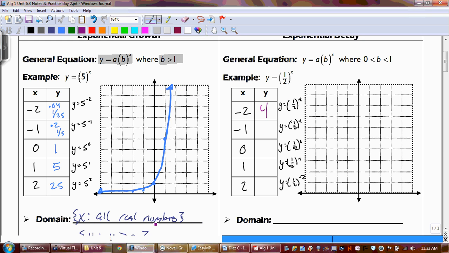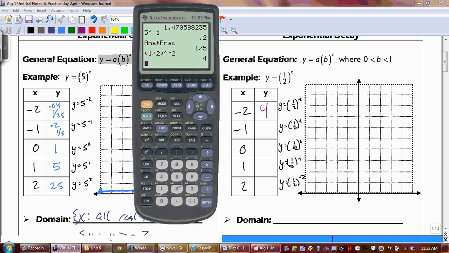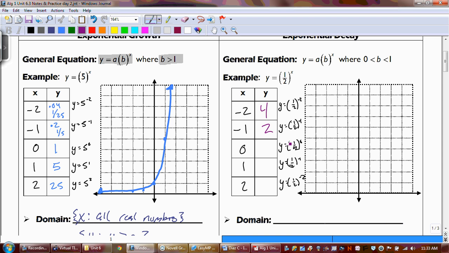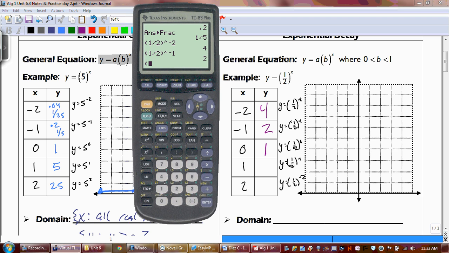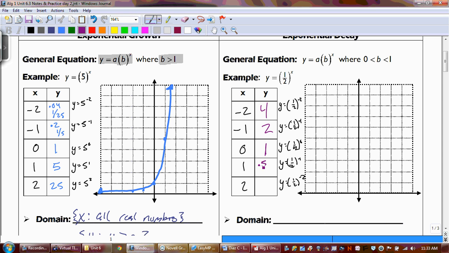So as we're plugging that in, 1/2 to the negative first is 2. Anything to the 0 is 1. 1/2 raised to the first is 0.5 or 1/2.